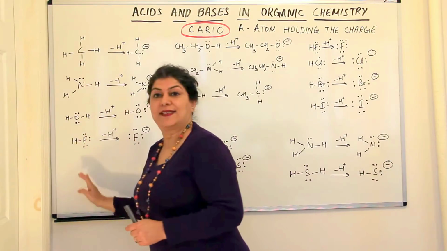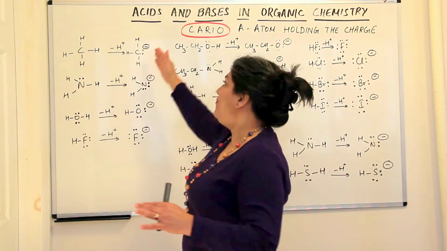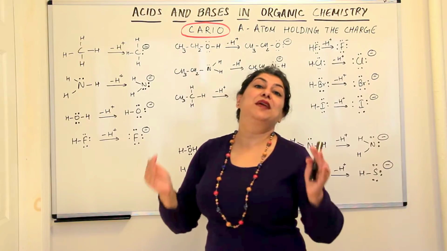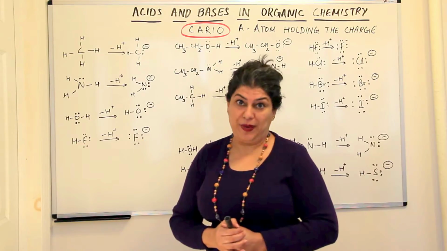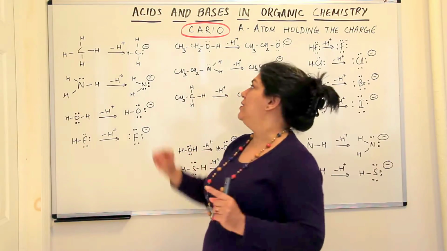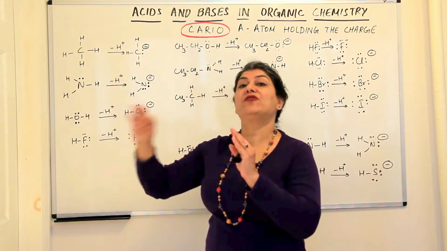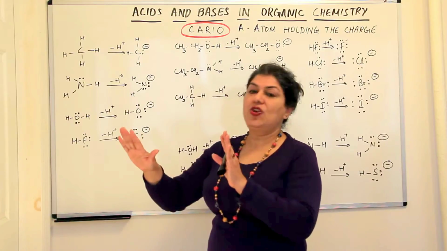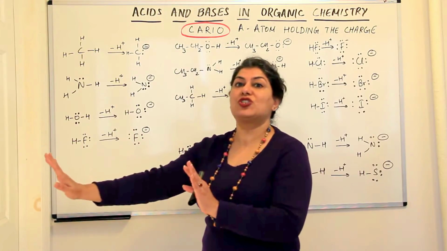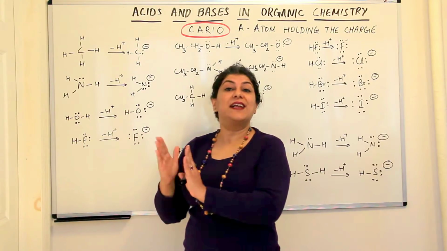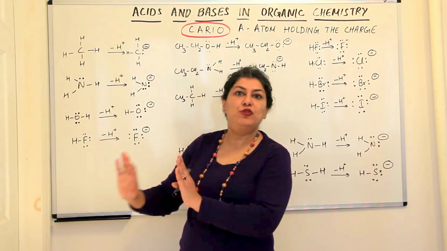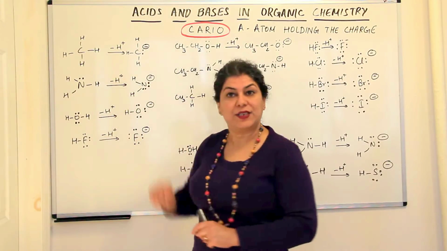All 4 acids were neutral, and all 4 conjugate bases have the same charge. Now, how do we compare them? We look at the atom which allows the hydrogen to be lost. It is not the proton which is lost that should be our focus, rather the atom which is losing that proton.